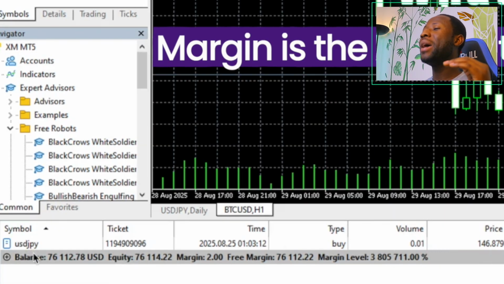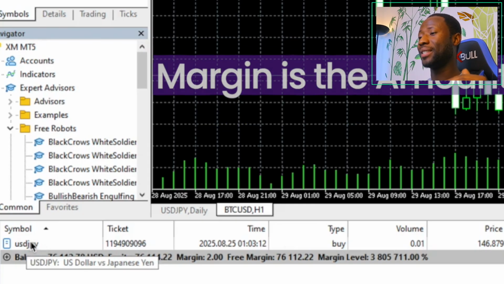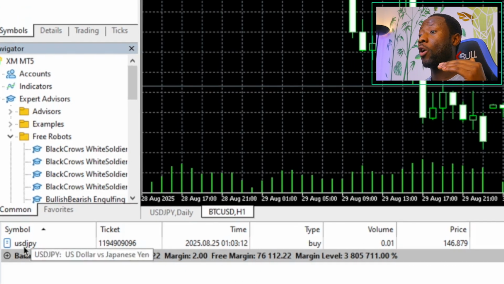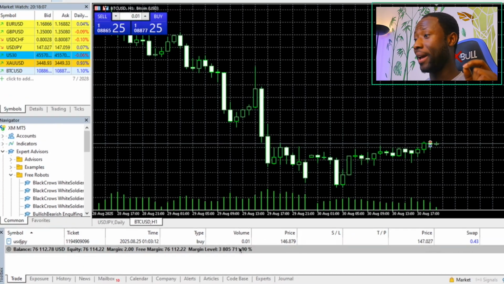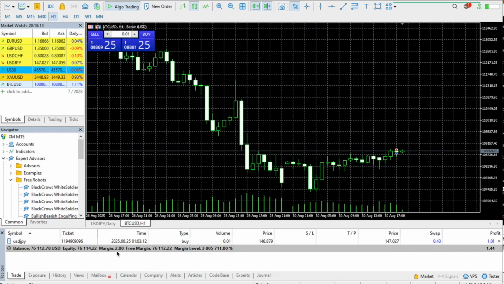If I have many positions open of this currency with this lot size, margin tells me that for me to open more of these positions of the same currency pair with the same sum of lot size, I will need this amount of money.